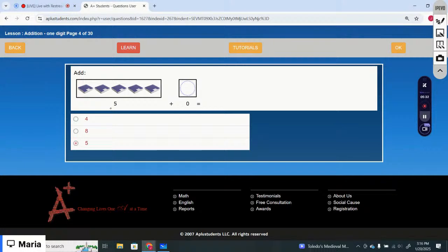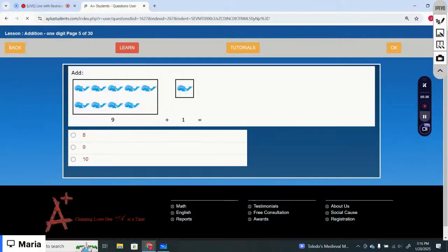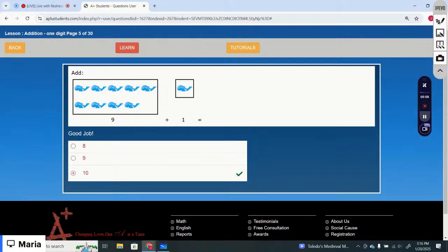The correct option is 5. 5 plus 0 is 5. 9 plus 1, which is the correct option? That is 10. Option number 3 is the correct option.